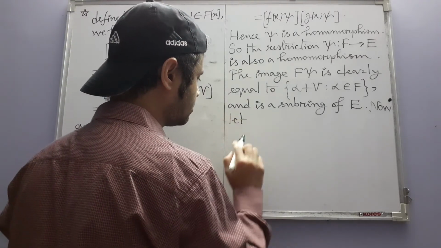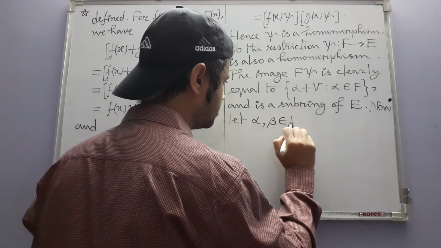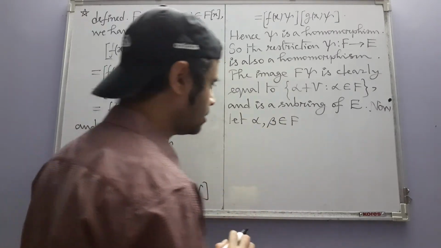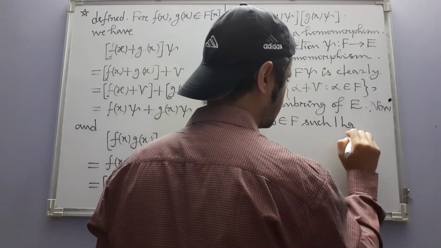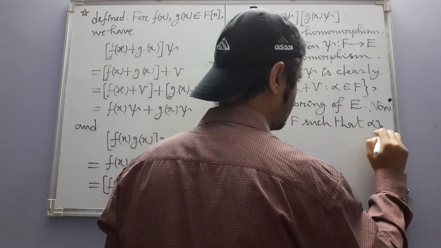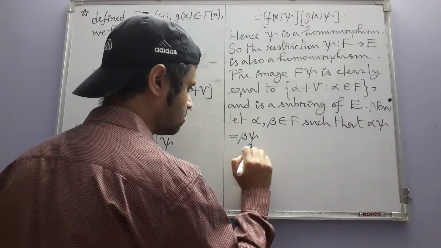So for that, let us take two field elements whose psi images are equal. Alpha psi is equal to beta psi.